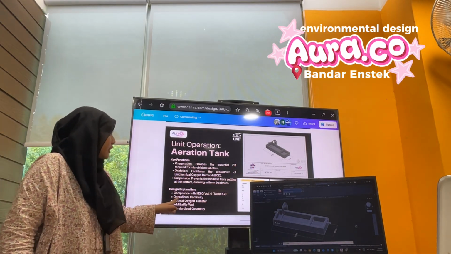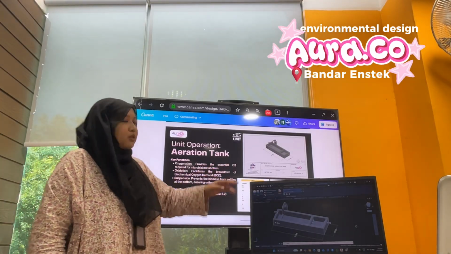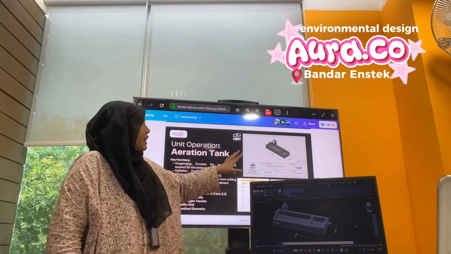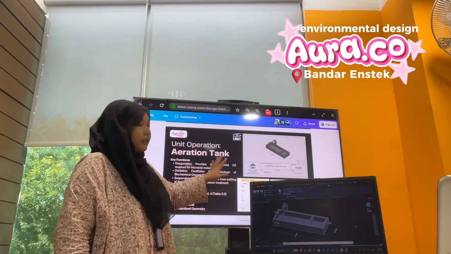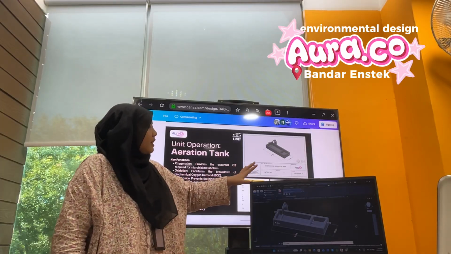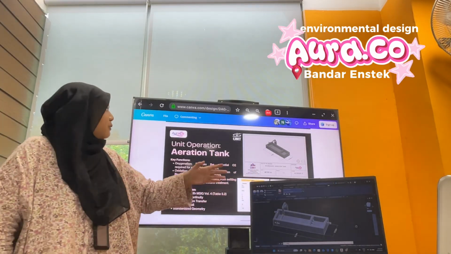Next, the operational continuity, which is when we use 2 aeration tanks, if for example aeration tank A has a problem or is undergoing maintenance, aeration tank B can still cover the work.